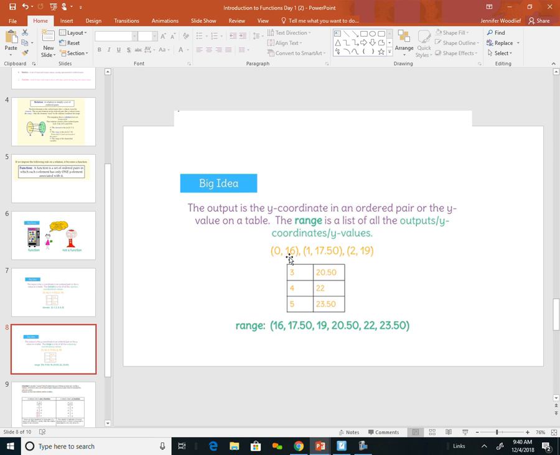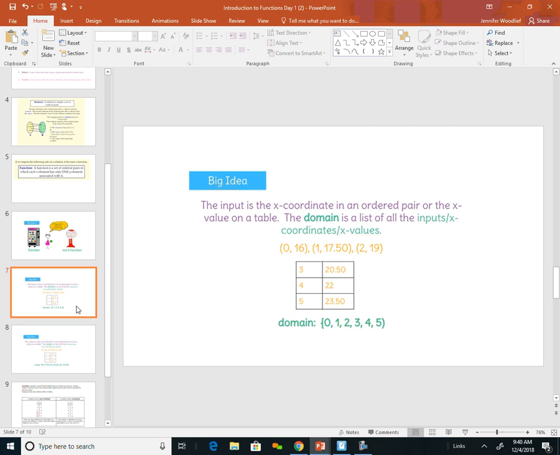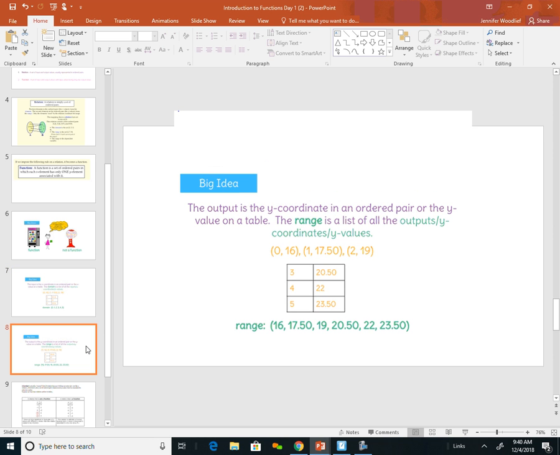So we're looking at 16, 17.5, 19, 20.5, 22, and 23.5. Okay? Now, your x values here are considered your independent. Usually those are the values that we place into an equation, and we solve it for our y value, which makes it dependent. Y is usually dependent upon the x value.